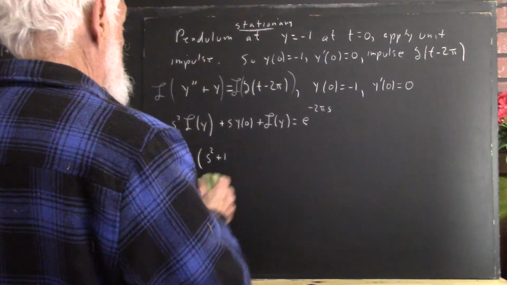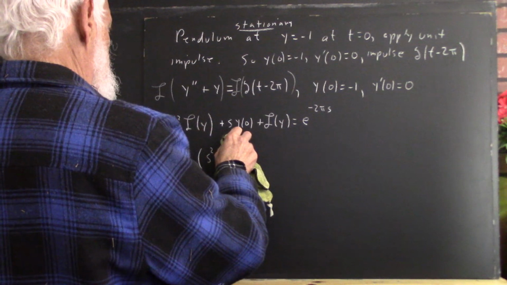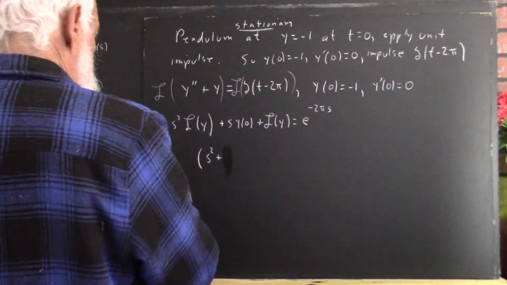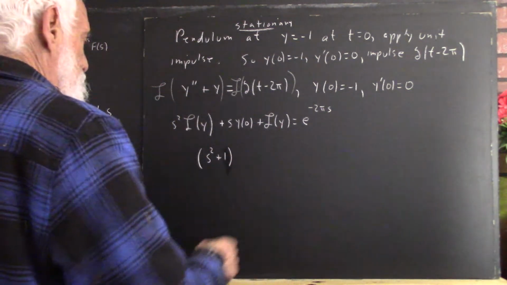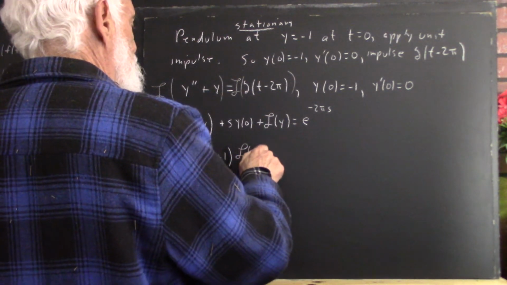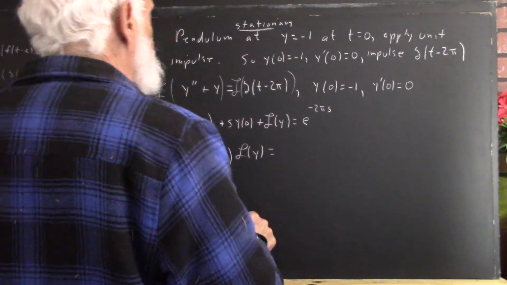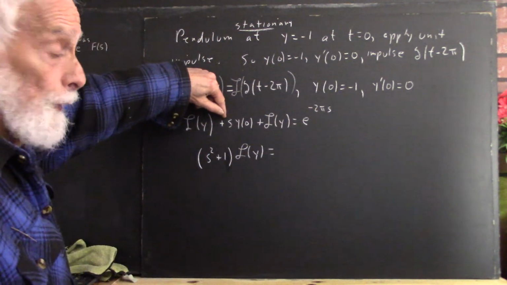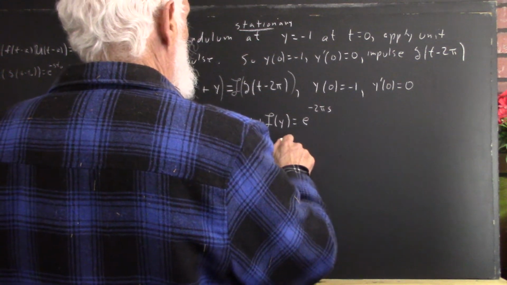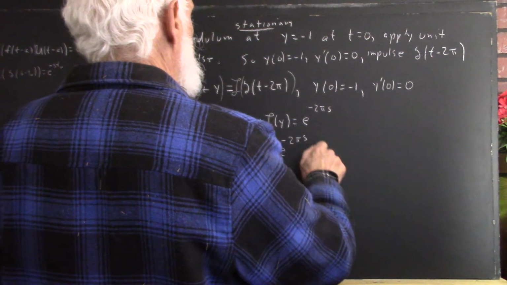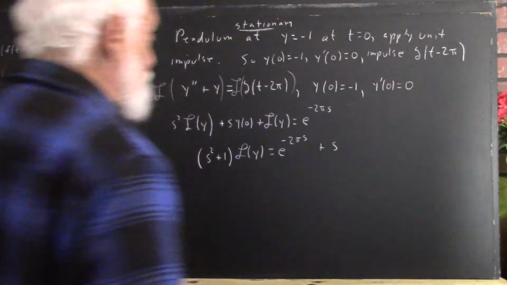We do have s squared plus 1. Okay, s squared plus 1 L of y equals, okay, we're going to get a negative s here. Add that to both sides. We're going to end up with e to the -2 pi s plus s.